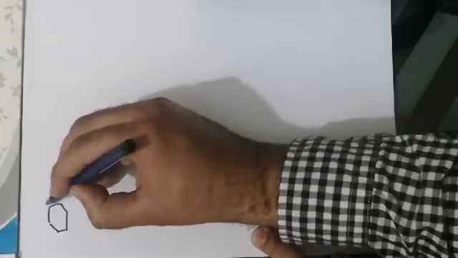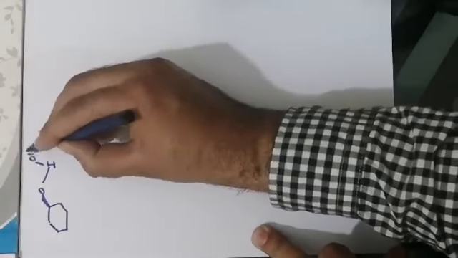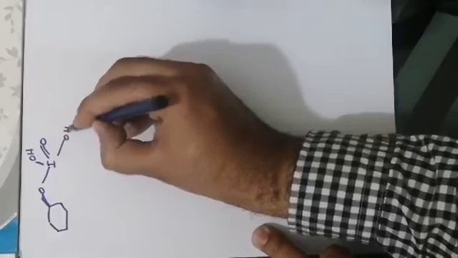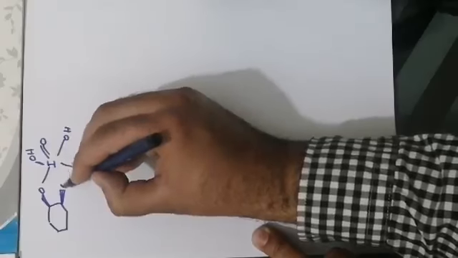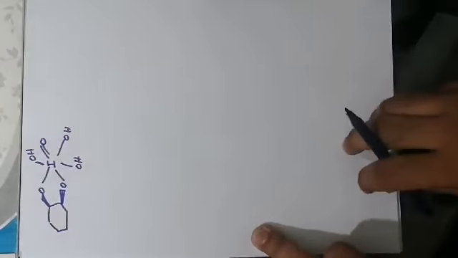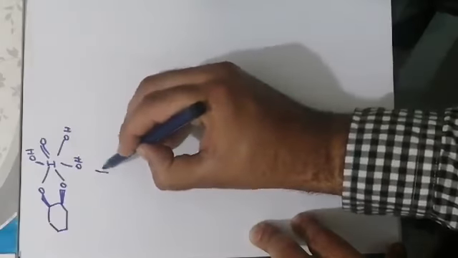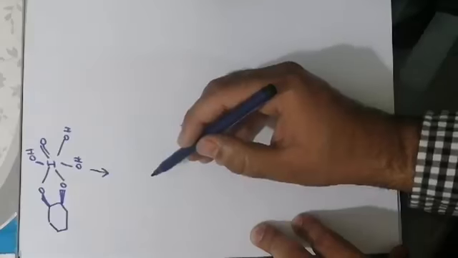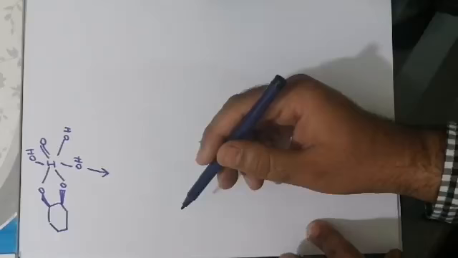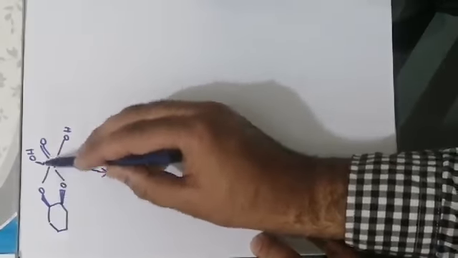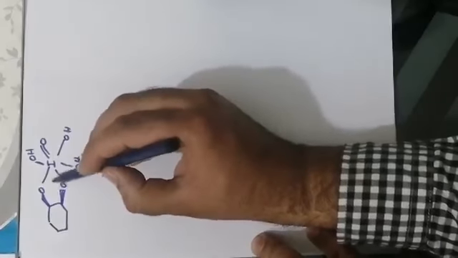What we got in the first step, we got this periodate ester. In the next step, this periodate ester structure ruptures. How? Let's see.